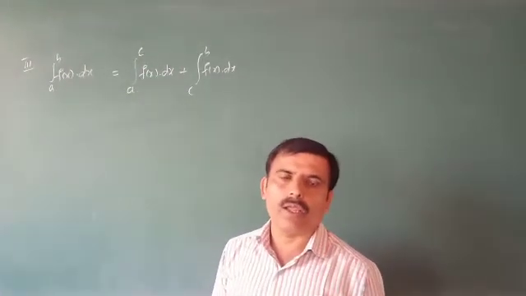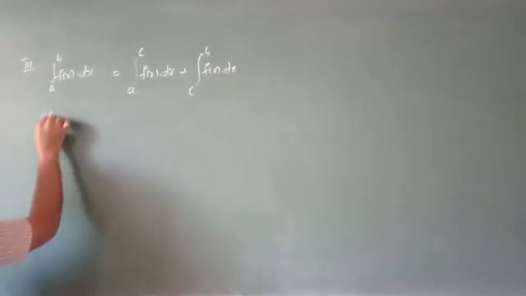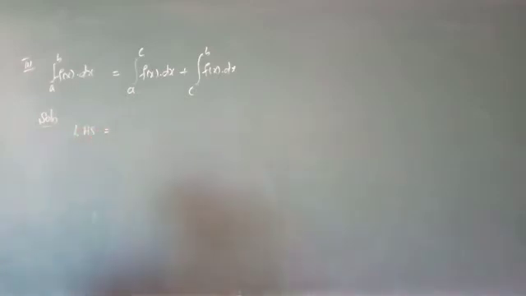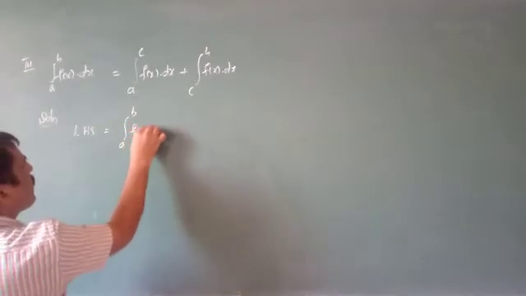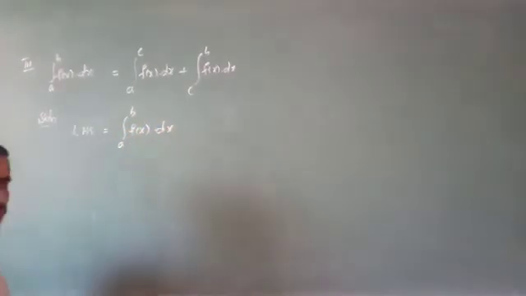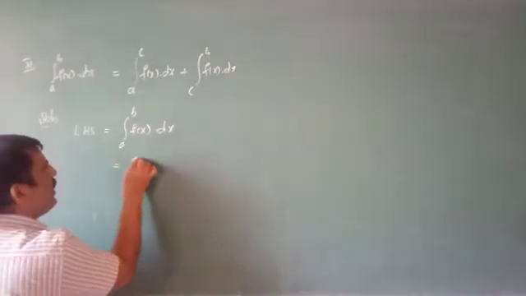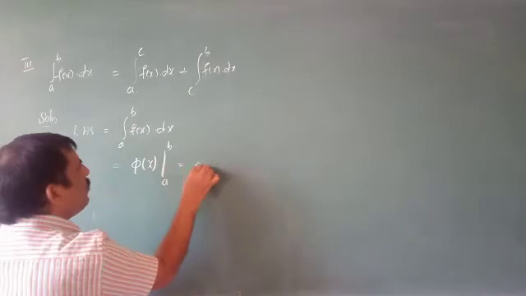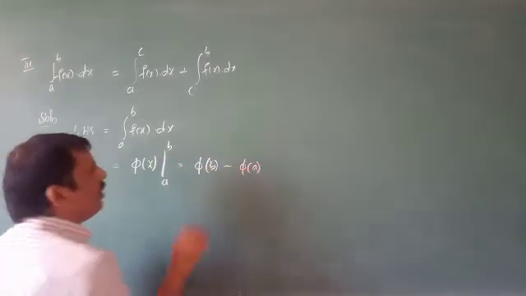Understood? So let us proceed with the proof. Solution: LHS is equal to the integral from a to b of f of x with respect to x, which is equivalent to phi of x from a to b, which is phi of b minus phi of a.